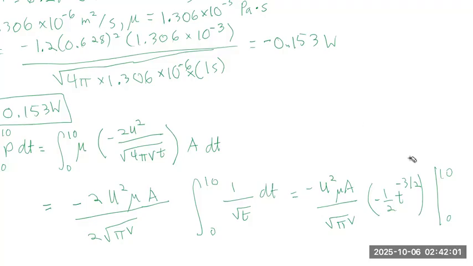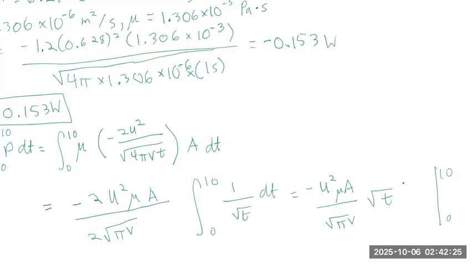Actually, I think this one is wrong. It's actually supposed to be square root of t. Because square root of t, when you differentiate it, you have 1/2 and then t to the negative 1/2 power.